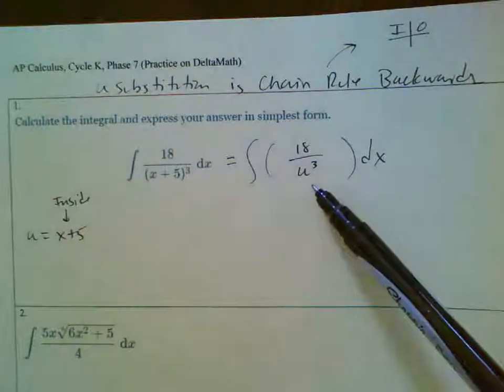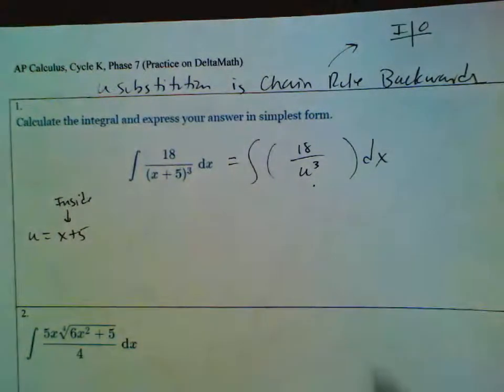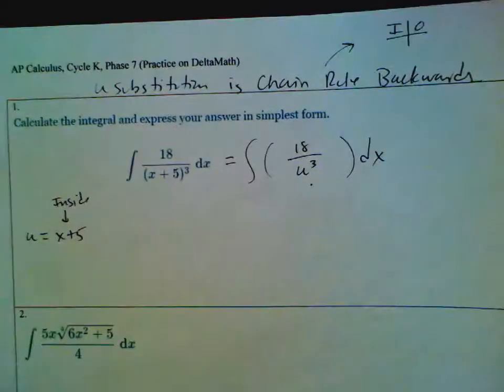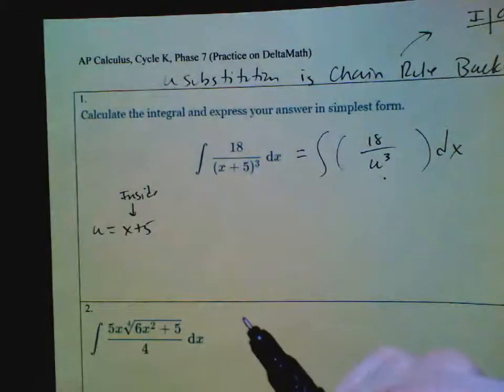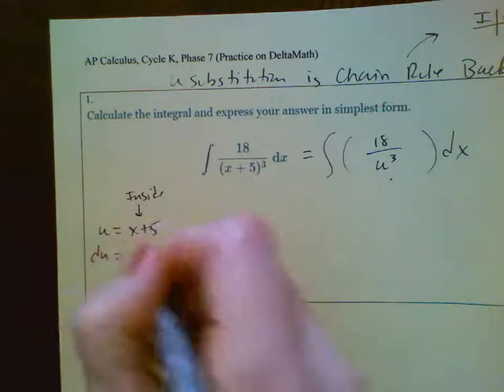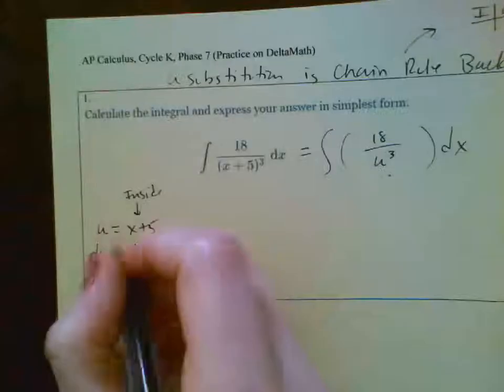So we want this to be du, and this is why we practiced last phase. Oh my gosh, that's wicked easy. In this case, du is equal to dx because the derivative of x plus 5 is just 1.